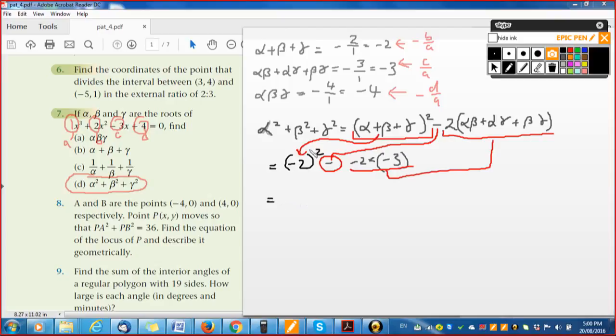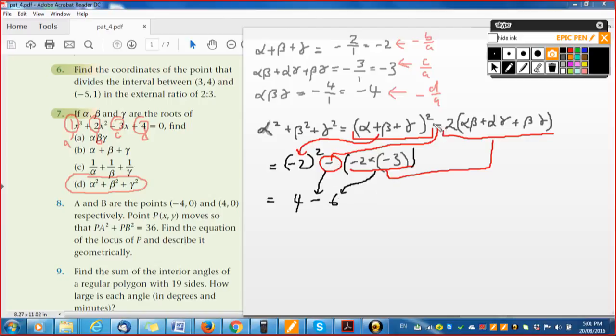Minus 2 all squared. Positive or negative? Positive. Minus 2 times negative 3 is plus 6, so positive 6. And then you've got the minus there, which is that bit there. Got it? How come you have a minus?